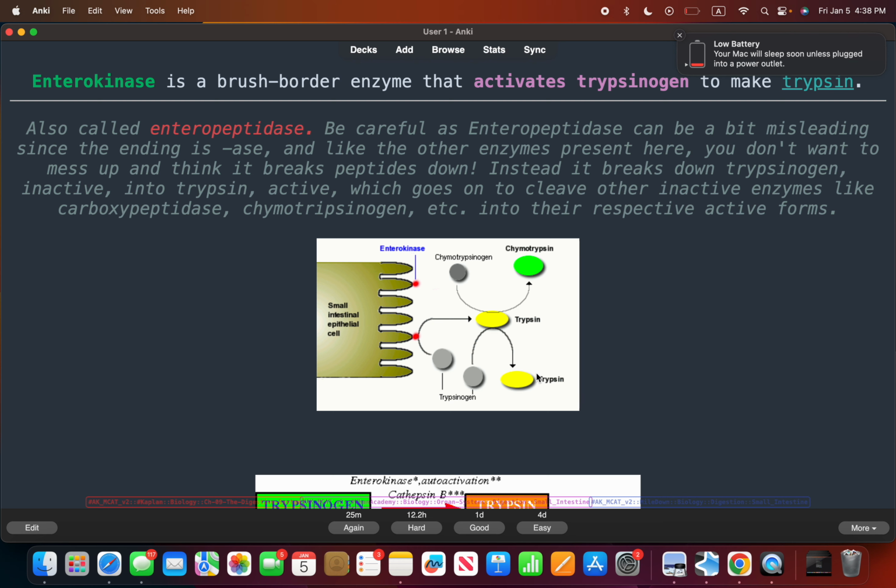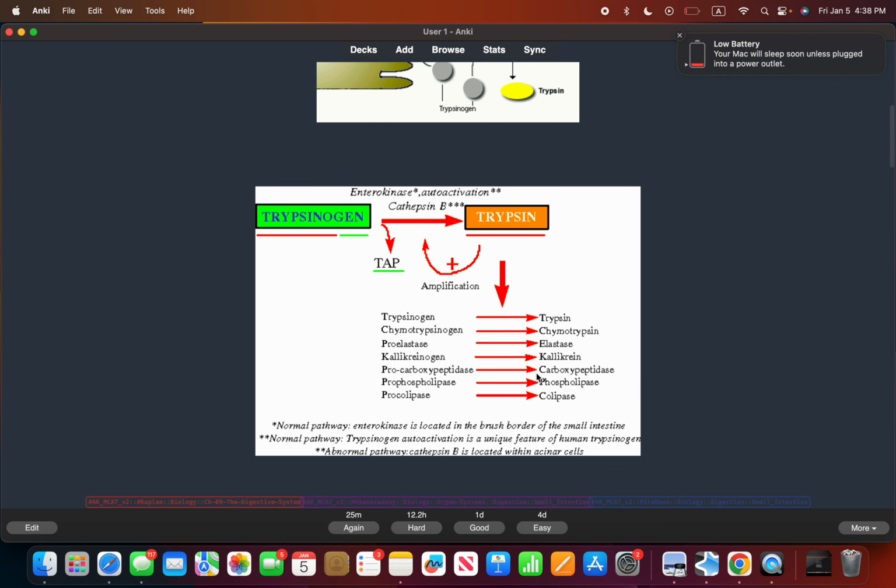So it's like a positive feedback thing. And we have trypsinogen with the help of enterokinase, autoactivation, and cathepsin B that turns it into trypsin. We have TAP.